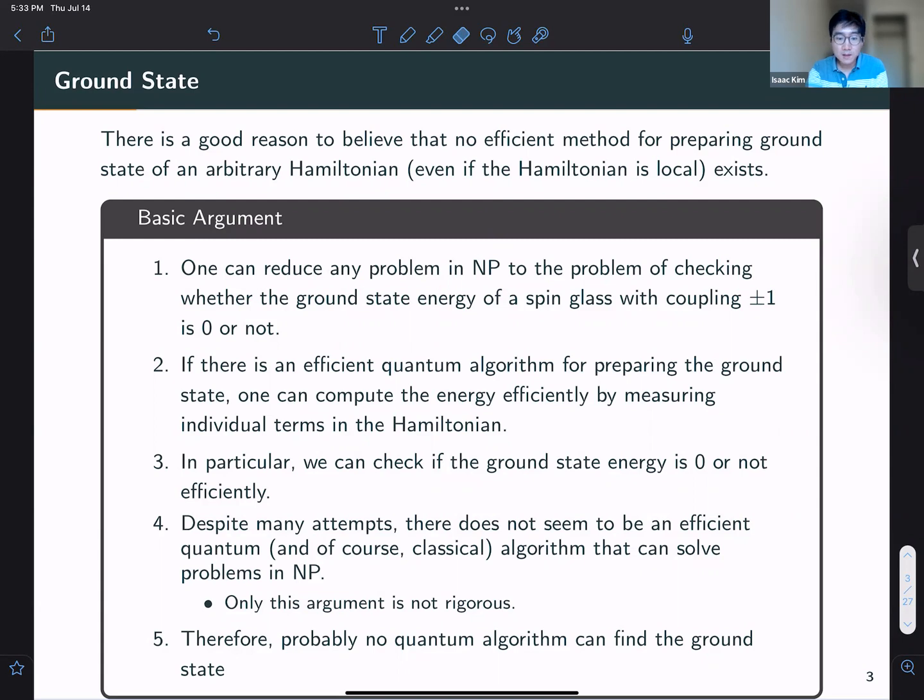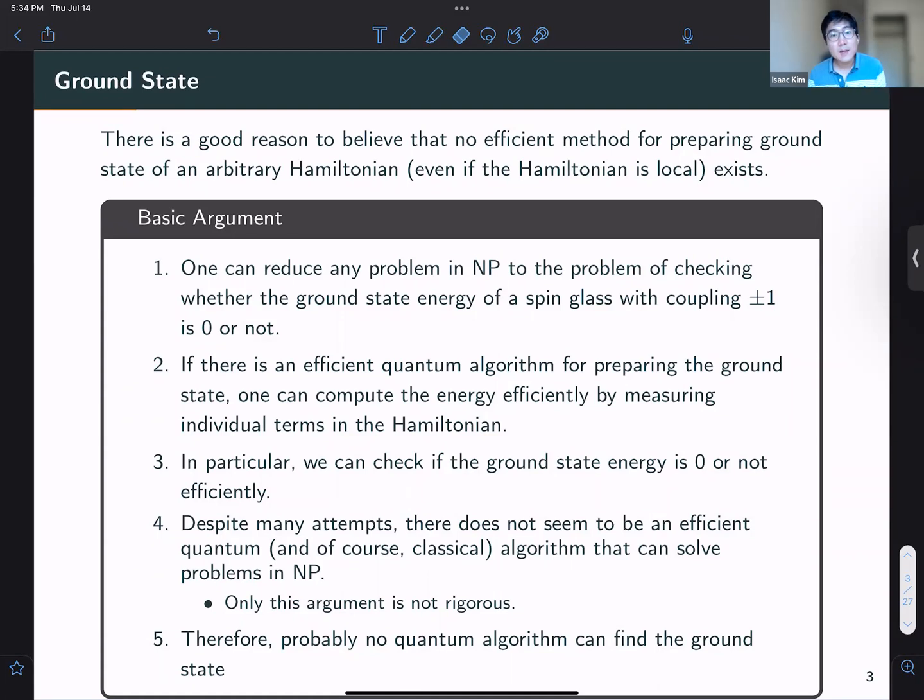An example of that is basically solving the ground state energy problem of a spin glass model. Let's say for simplicity, you assume that the spin glass model is very simple. So the coupling constants are either +1 or -1, so that you either have a ferromagnetic or anti-ferromagnetic interaction. And what you're asked to do is to determine if the ground state energy is 0 or not. So that's the question.